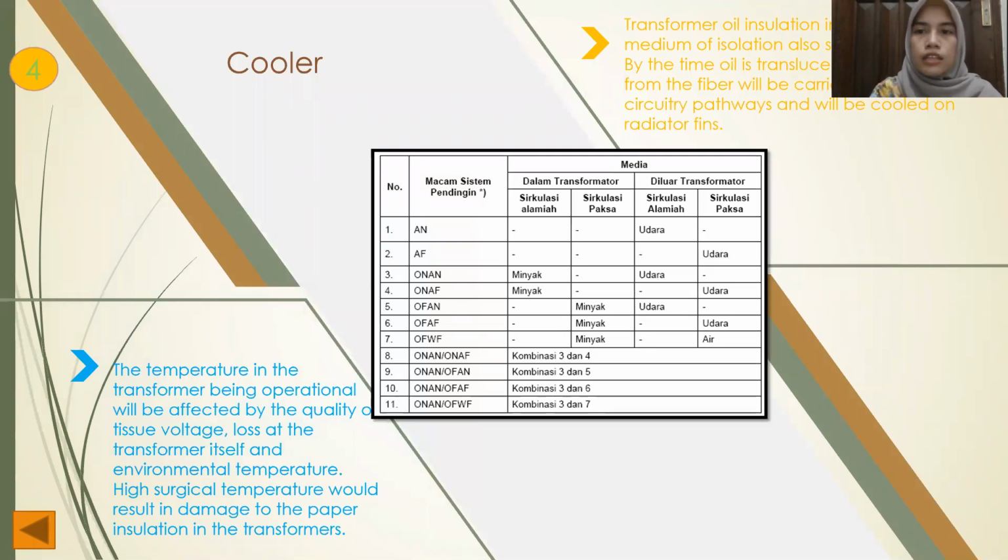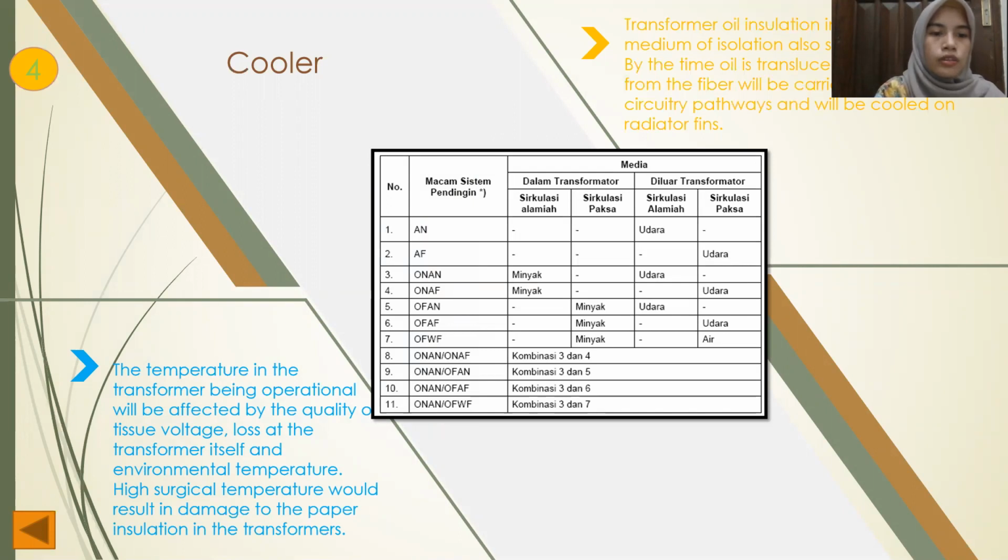Cooler. Transformer oil insulation in addition to being a medium of insulation also serves as a coolant. When oil circulates, the heat derived from the winding will be carried by the oil in the circuit pathways and will be cooled on radiator fans.